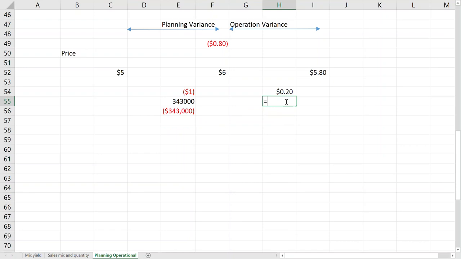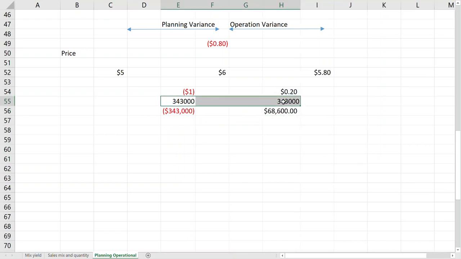And let's bring it here as well. Remember, the quantity remains the same in price variance. The price changes. So the operational manager has actually saved 68,600 in terms of price. And then looking at total, if I write quantity here as well, and let's write this total here.